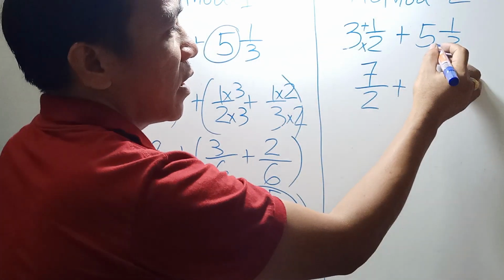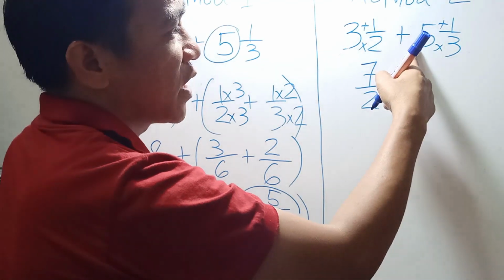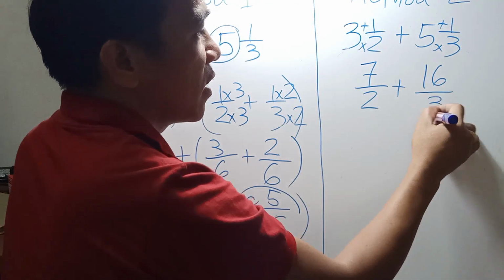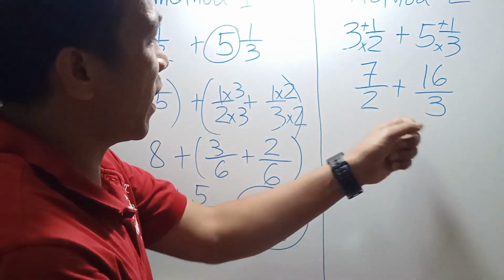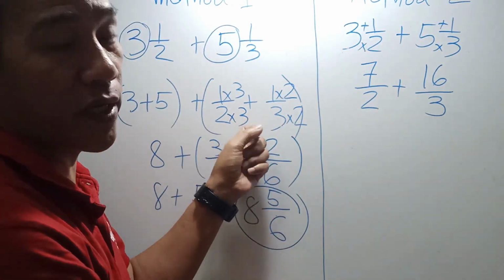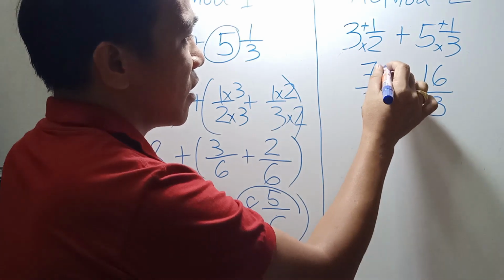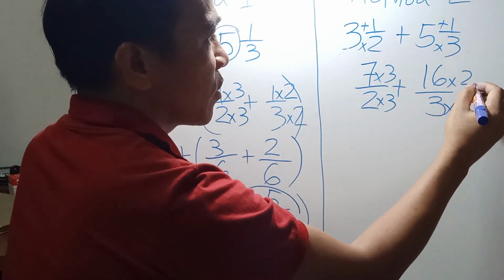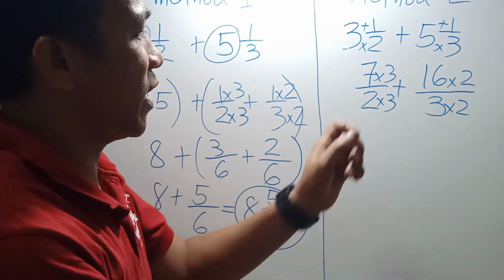Plus, in here, 3 times 5 is 15, plus 1 is 16 over 3. Now, you have to make the denominator the same, like what you did here. So this one will become times 3, and this one is times 3, and this one is times 2, this one is times 2. Right? Okay, to get the least common denominator.